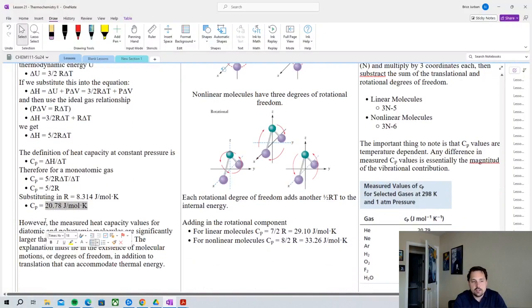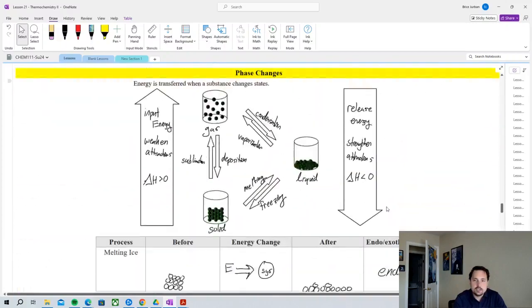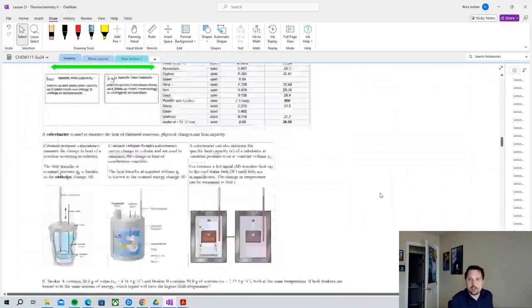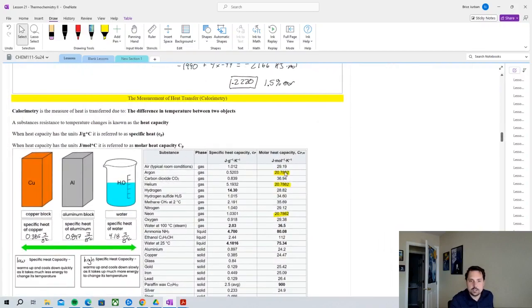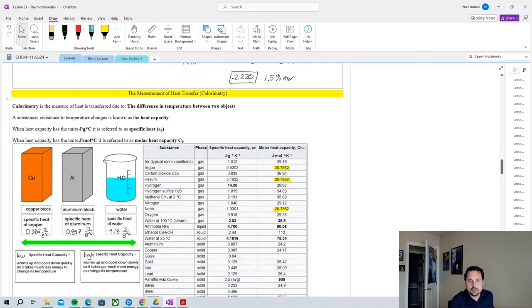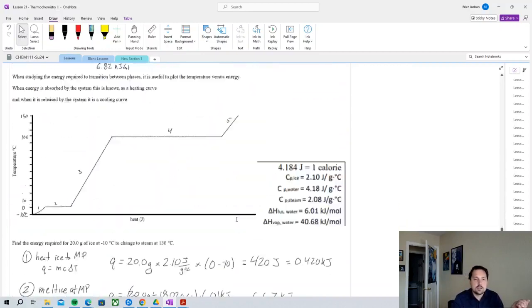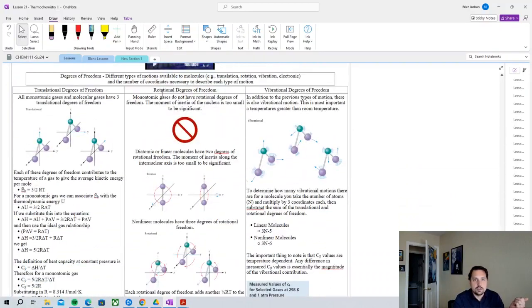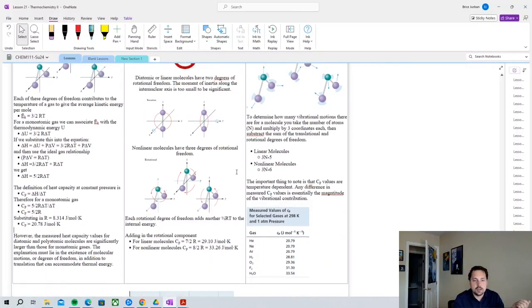So you can actually calculate that the specific heat of every monoatomic gas has a value of 20.78 joules per mole Kelvin. And that's the same value that's in this table up here, 20.78. All the other values are going to be greater than that, and that's because those molecules can store energy in terms of rotations and in terms of vibrations.